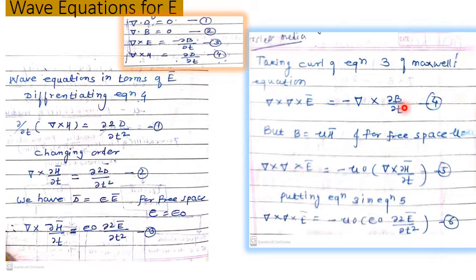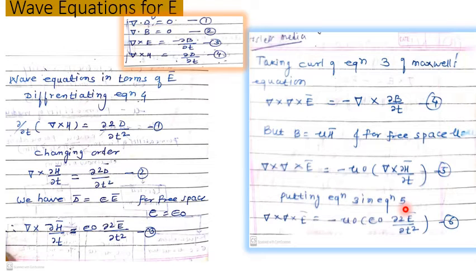So we can represent equation 4 as del cross E is equal to, as B is equal to mu 0 H, taking mu 0 outside, and the remaining term del cross dH by dt will be there. That is the arrangement we have made. Putting equation 3 in 5.